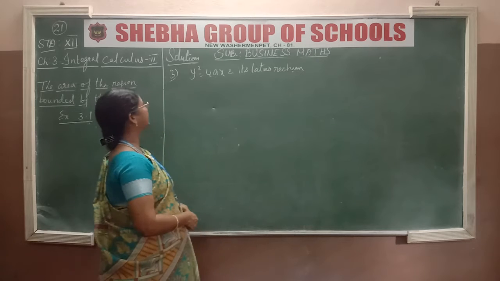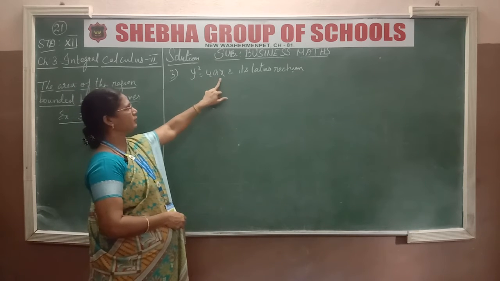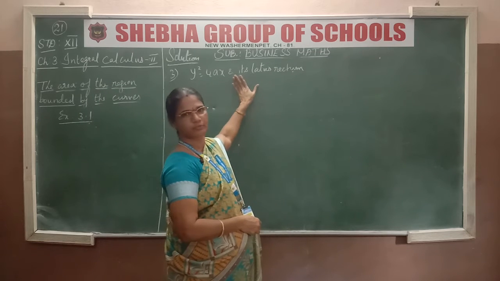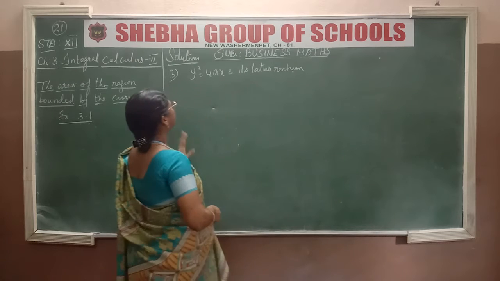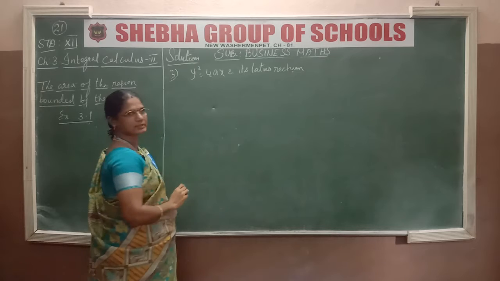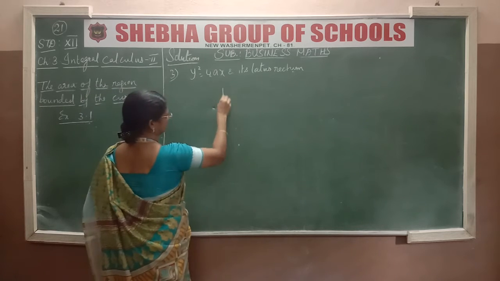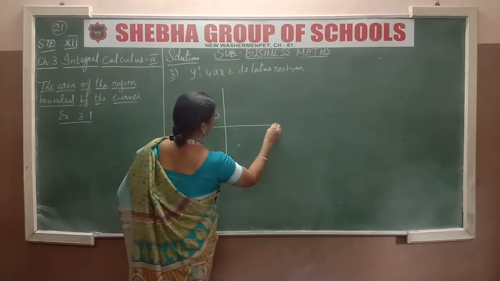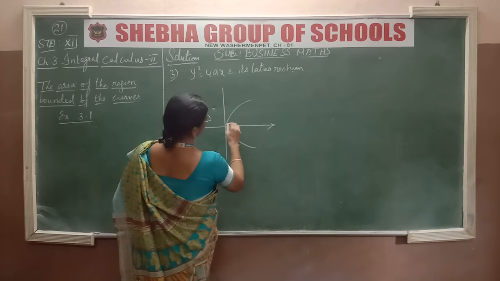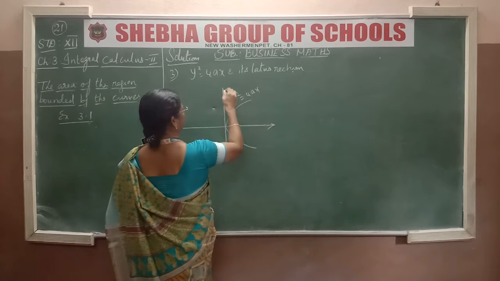Next let us see the third sum. y square equal to 4ax. This is a parabola, we know very well, and its latus rectum. Latus rectum passes through the focus, we already know. Next we have to draw. This is a parabola of the first type, that is, open rightward. y square equal to 4ax.